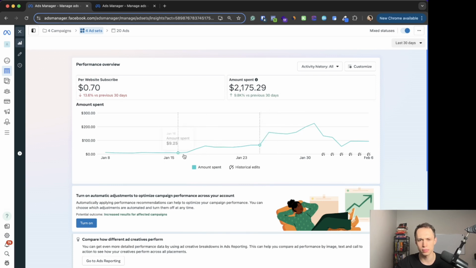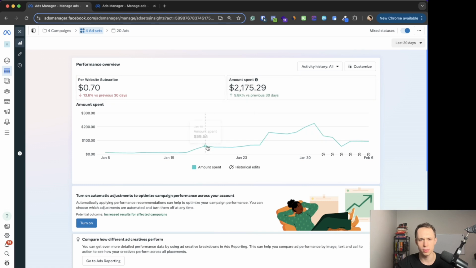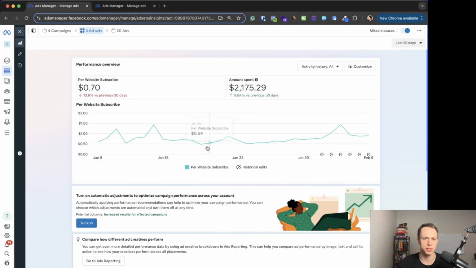We first increased the budget to $60 a day. This is a very small ad account. And when we increased the budget, actually CPA didn't increase. But this ad account has a limited market, a pretty small market, I'd say.